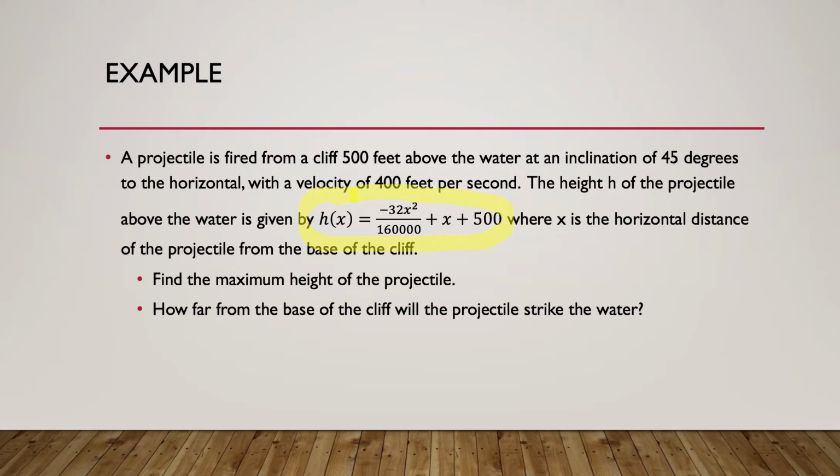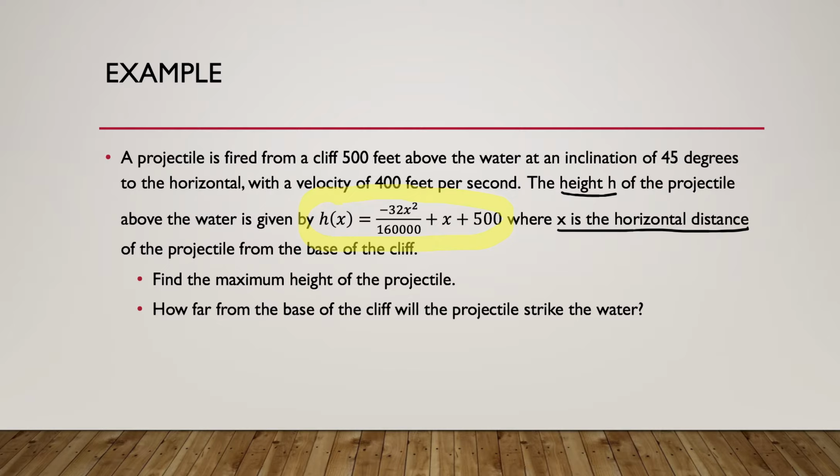Keeping in mind that that's a quadratic function, we know that x is the horizontal distance, so we're going to use that. We need to remember that, and h is the height. Okay, so will this parabola open up or down? If you look at the number in front of the squared term, it's negative.